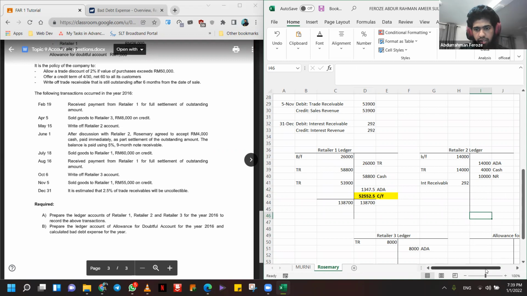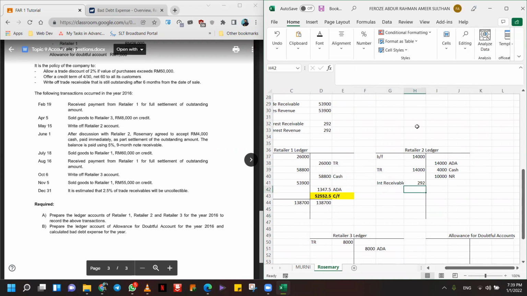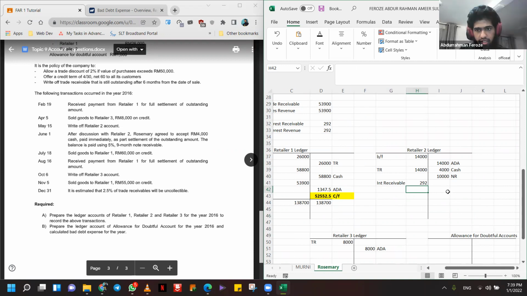Okay. And then over here, once again, we need to do the 2.5% ADA thing. So let's just put equals. I mean, retailer 2 has not bought anything newly, right?